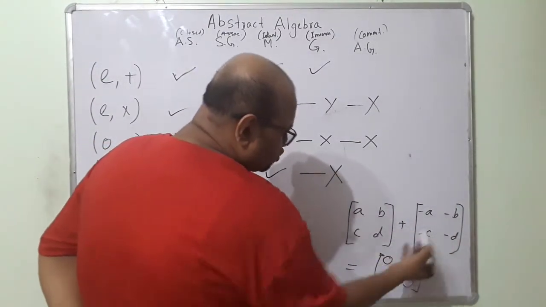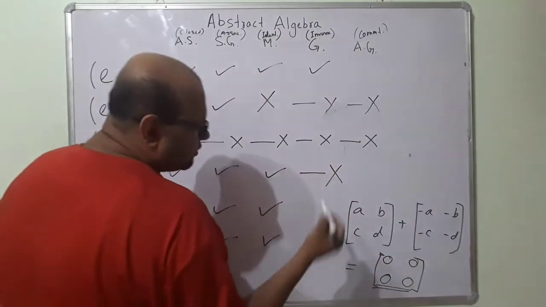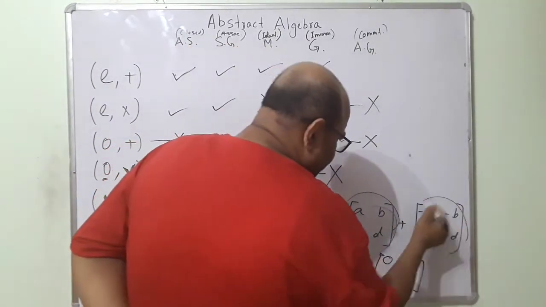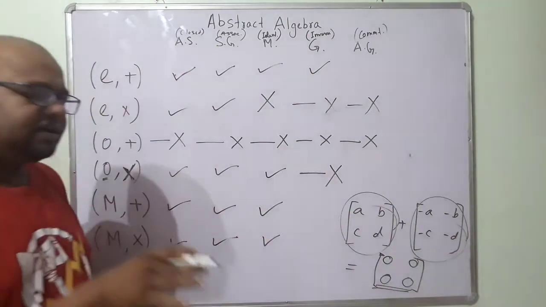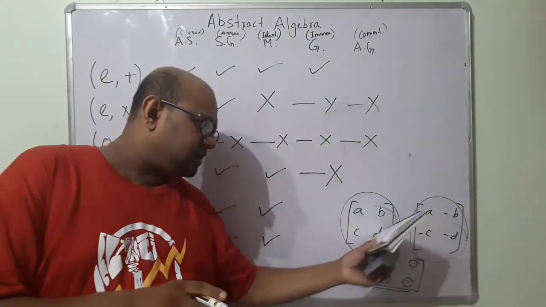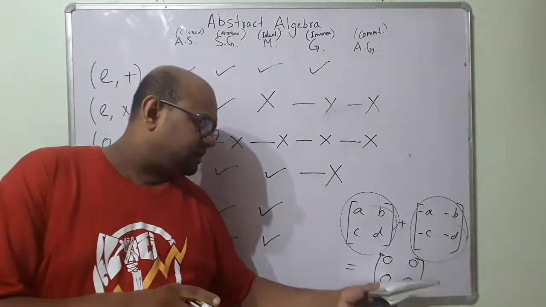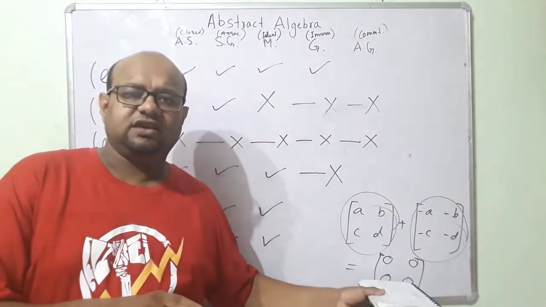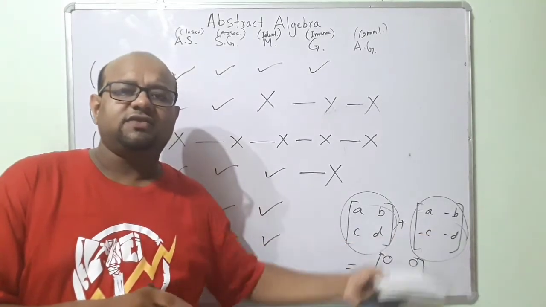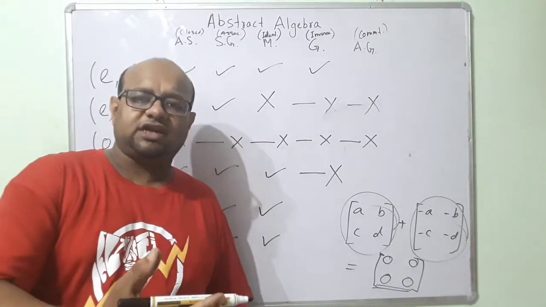So when I add these two matrices, I will get back this. So for every matrix, I will have an additive inverse. When I add the additive inverse, I will get the additive identity, this 0 matrix. And it is very easy to figure out the additive inverse. Just multiply the matrix with minus 1.